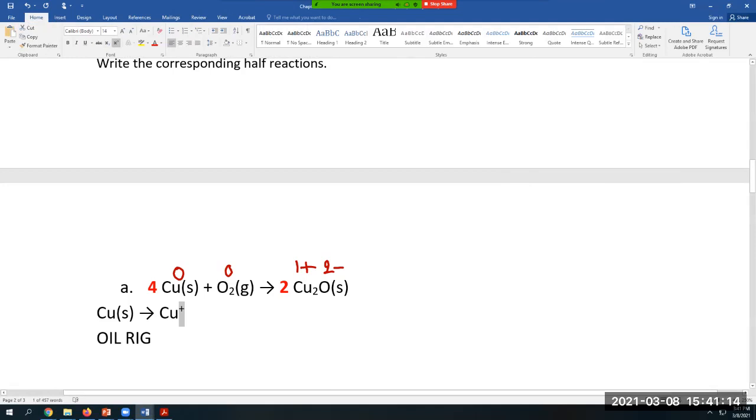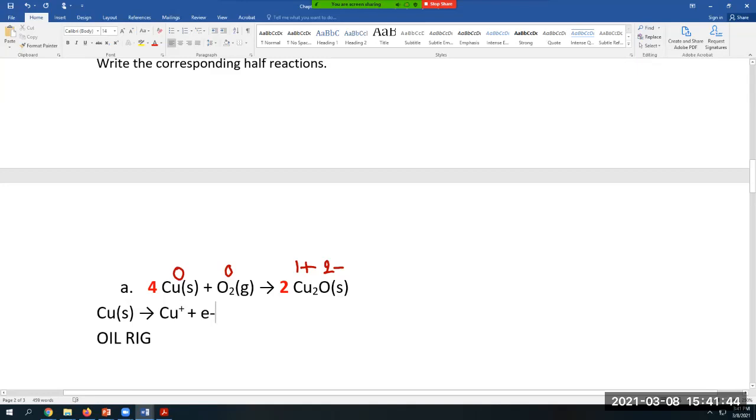So when copper becomes Cu+, the ion, it loses 1 electron. So when you're losing 1 electron, you want to write that the electron is extracted. So plus, and then we will show that the electron is here now, right? Because when you are losing the electron, it is detached from the ion. So you place the electron on the side with the ion, the positive ion.